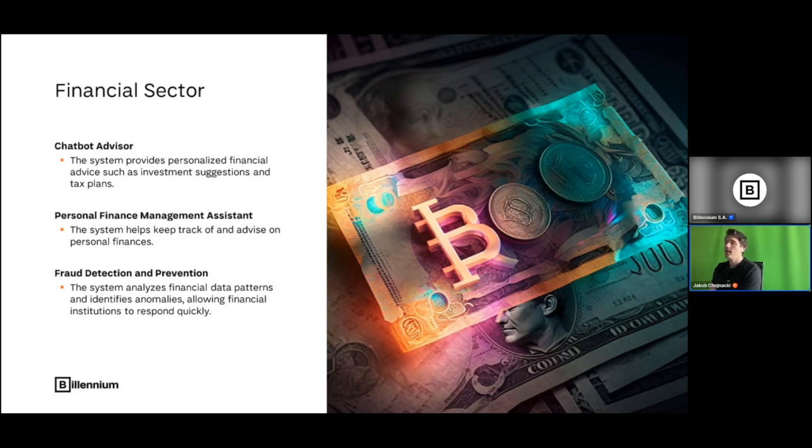So the system could analyze the financial data patterns and identify anomalies or any flaws, process the input with respect to the output from the system, and give you information whether certain things are an anomaly or any other issue in real time.